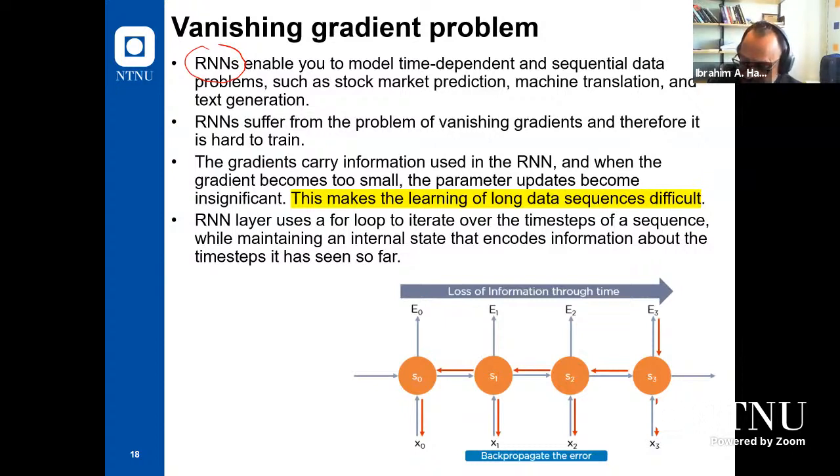RNN layers use a for loop to iterate over time steps. You can imagine it's a model that uses a for loop to iterate over the time steps of the sequence, while maintaining an internal state that includes information about the time steps it has seen so far.